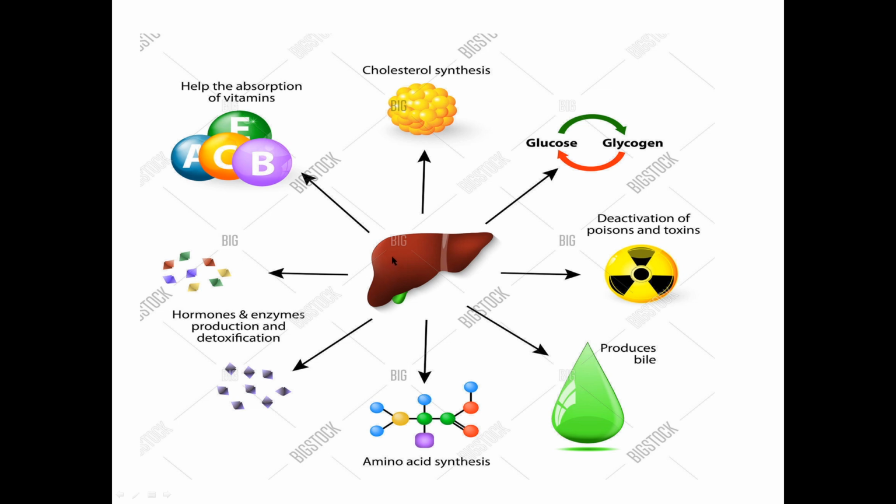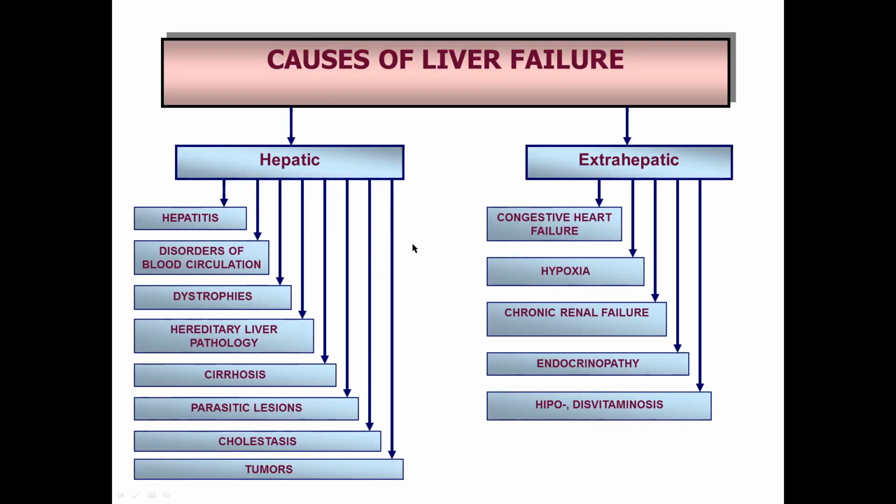In the liver, steroid hormones are destroyed, and the liver is a source of vitamins and takes part in absorption of vitamins. Causes of liver failure are hepatic and extrahepatic. Hepatic causes include hepatitis, disorders of blood circulation, dystrophies, hereditary liver pathology, cirrhosis, parasitic lesions, cholestasis, and tumors.